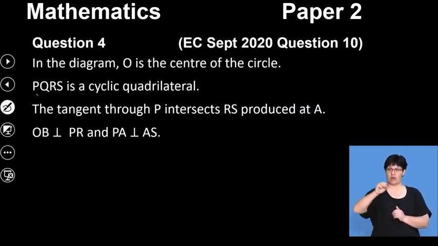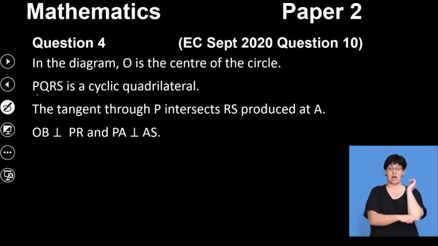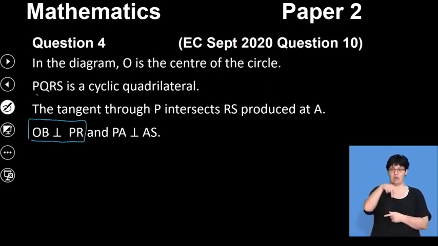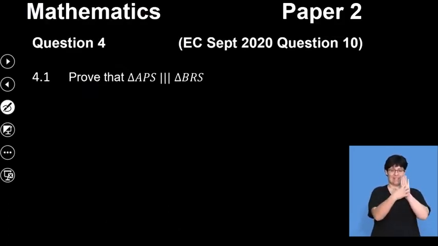And then we have the tangent through P intersects line RS produced at A. Okay, so we have center, we have our cyclic quadrilateral, we have our tangents, and the last bit of information is that OB is perpendicular to PR and that PA is perpendicular to AS. All right, so that's all in our diagram over there.